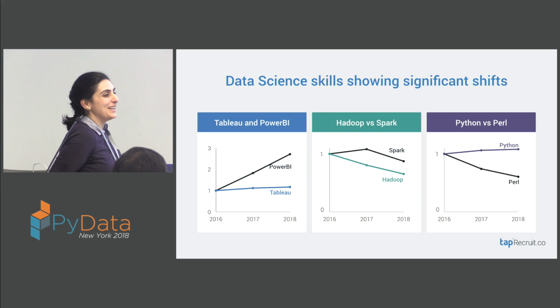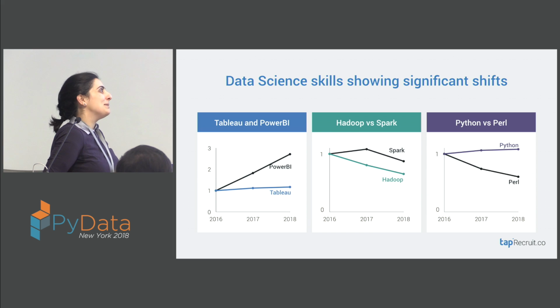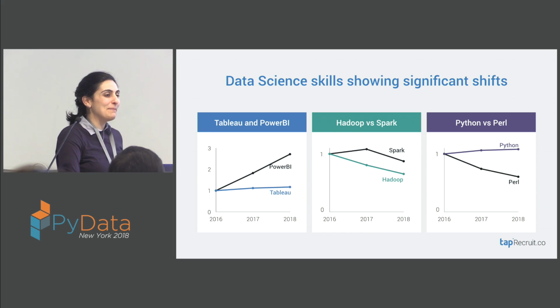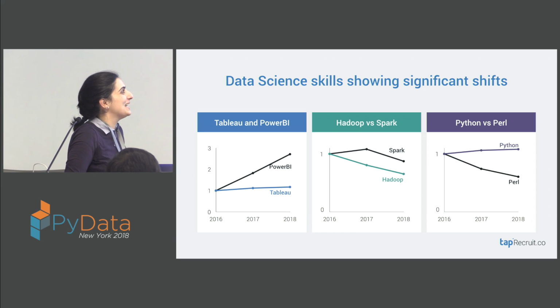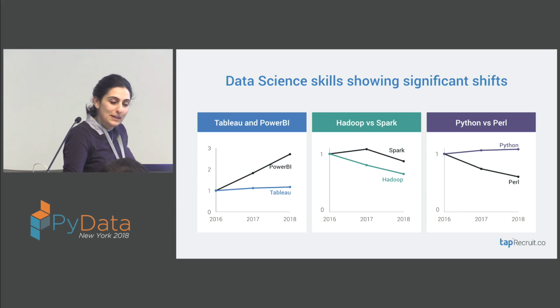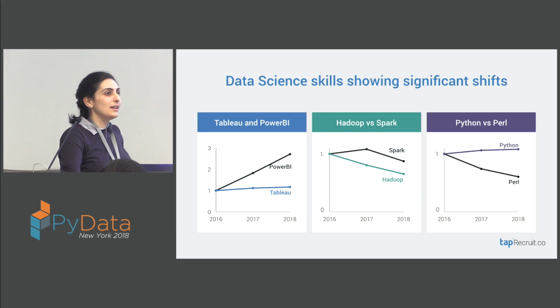And our favorite, Perl, came out of the analysis, and I love Perl as a linguist. It's amazing. It did a lot of great things for us. But that's one of the areas where it's going down, and Python is eating that lunch. The one thing my CTO didn't want me to tell you about is that in data analyst and scientist roles, we're actually seeing an increase in Java, surprisingly. It's not on the slide.